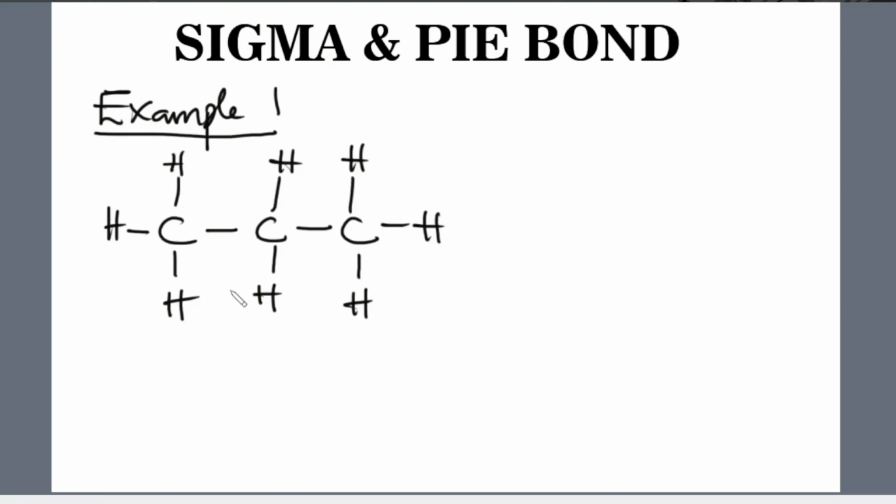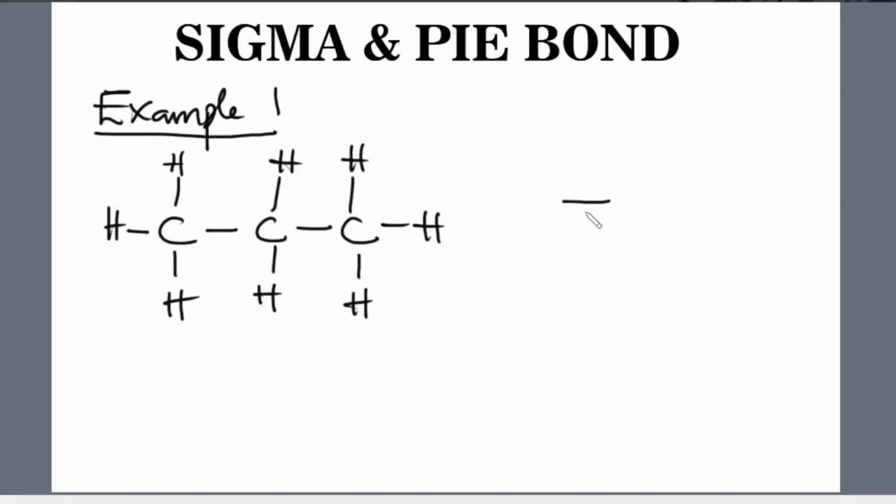So how do we find the number of pi and sigma bonds in this compound? Now, how many bonds do we have here? 1, 2, 3, 4, 5, 6, 7, 8, 9, 10. We have here 10 bonds and they are single bonds.